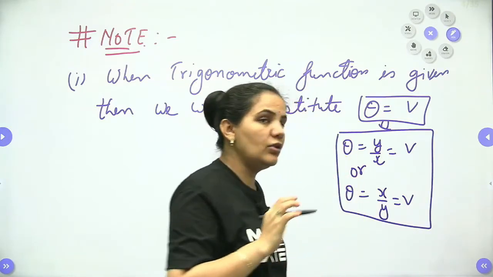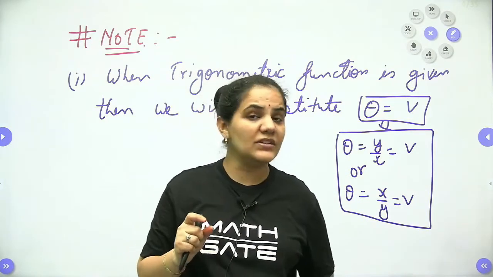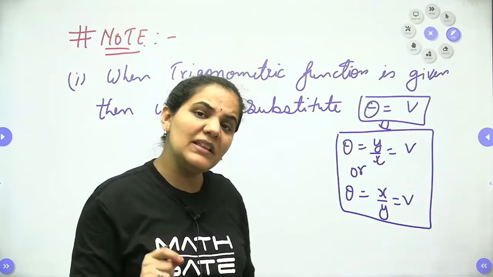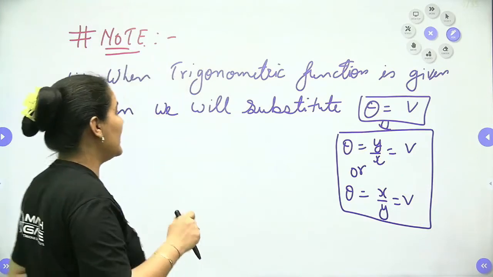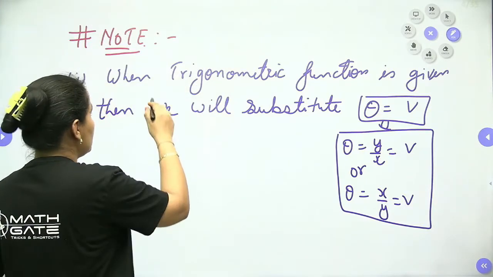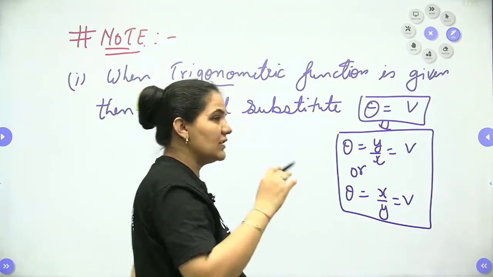So you have to focus only and only on the angle of the trigonometric function. Whatever angle of the trigonometric function is given to you, you can put directly there, students.